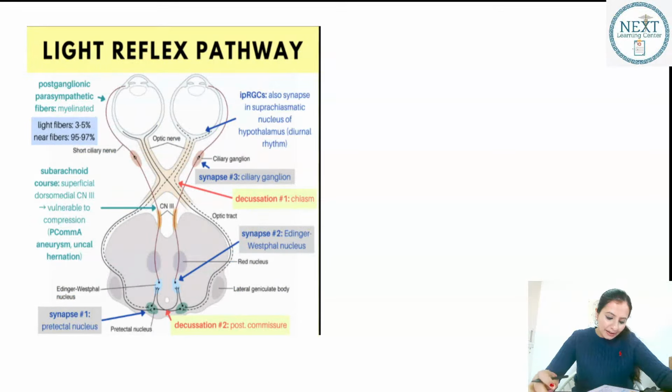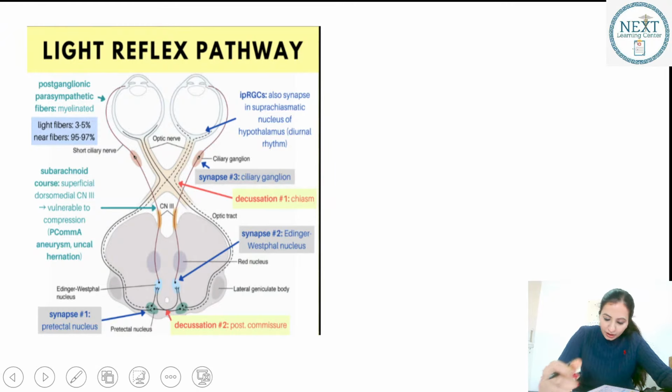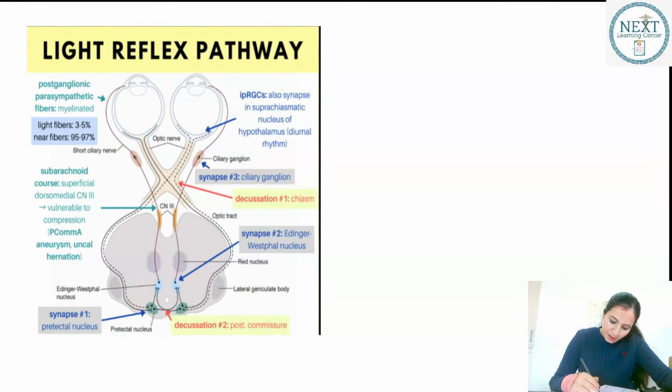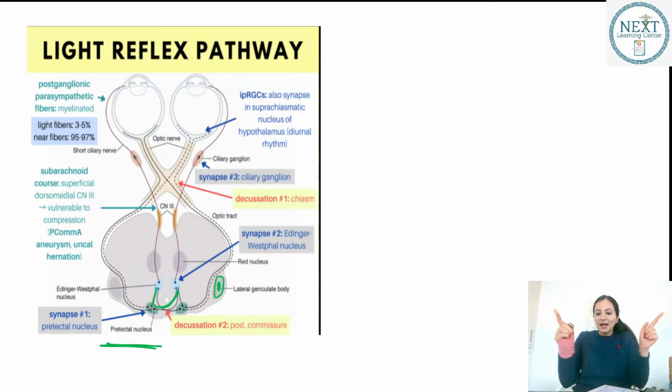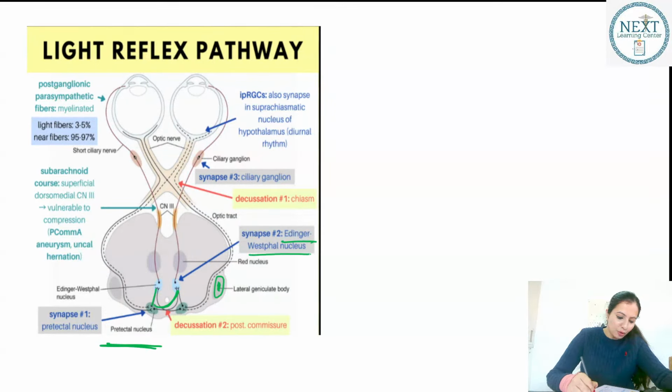Moving on to light reflex pathway. Light reflex pathway, how does it occur? It occurs along the optic nerve. So once the fibers go up to your lateral geniculate body, from the lateral geniculate body, these fibers go to the pretectal nucleus. From the pretectal nucleus, there are internuncial fibers that supply the Edinger-Westphal nucleus of both the sides.